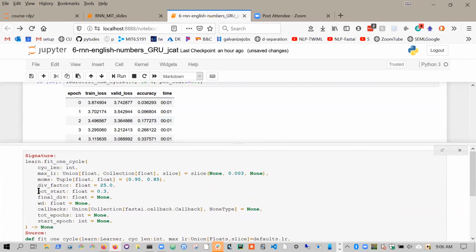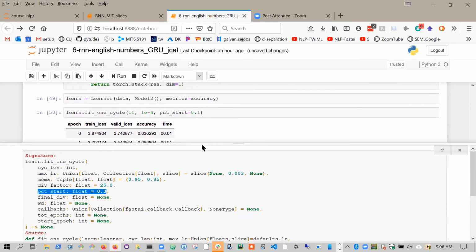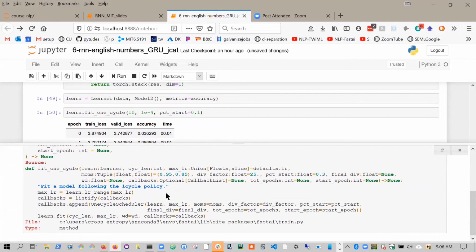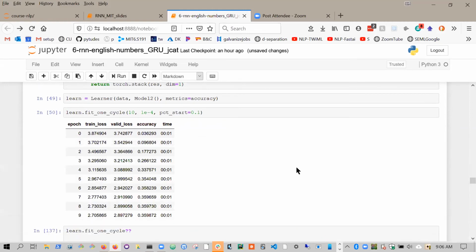I'm looking for the pct_start. It's defaulted to 0.3, and they've set it to 0.1 here, but I'm not sure what it actually does. We'd have to look at the code to figure out what it does. Okay, not worth looking at right now. So let's just move on.